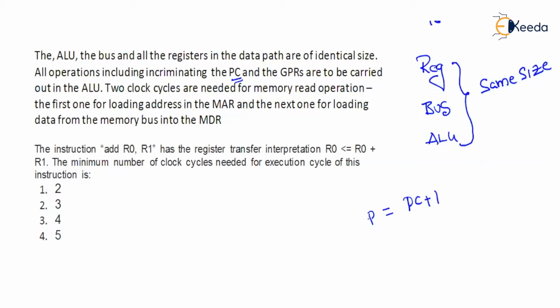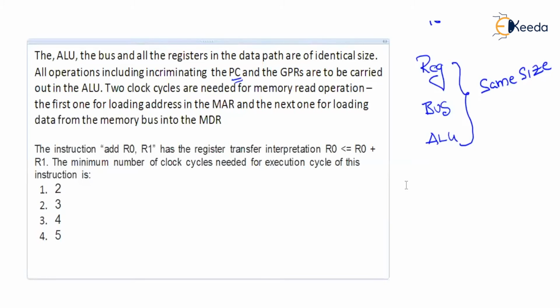Because when every instruction is getting executed, the program counter will get incremented to the address part of the next instruction. The moment the current instruction is fetched, the program counter will be incremented to the address part of the next instruction. So here it is given that incrementing of the PC should also be done in the ALU. Okay, fine, good.